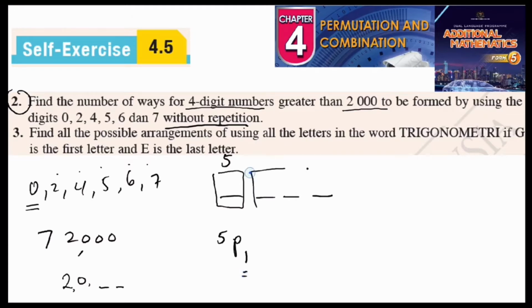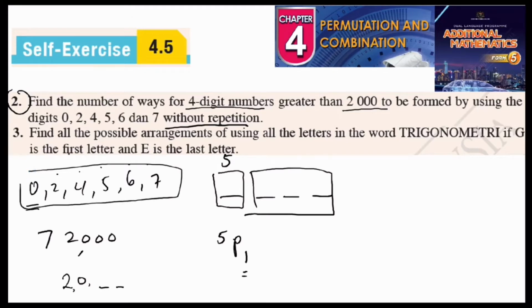Permutation is how many objects taken from how many, nPr. Taken r objects from n objects, to arrange. So here we have 5 digits. We want to choose 3 digits to arrange to form a 4-digit number which is greater than 2000, and we cannot repeat the digit.